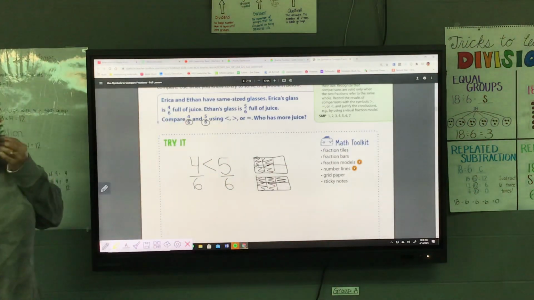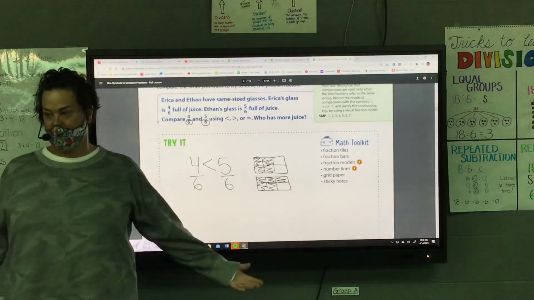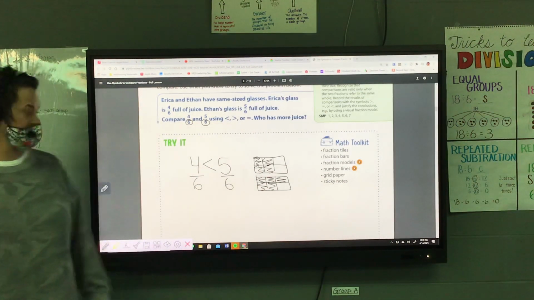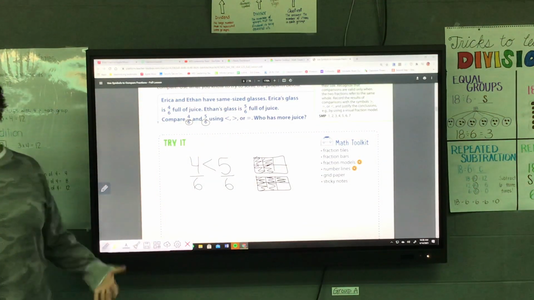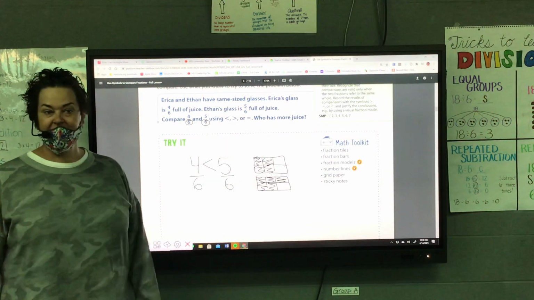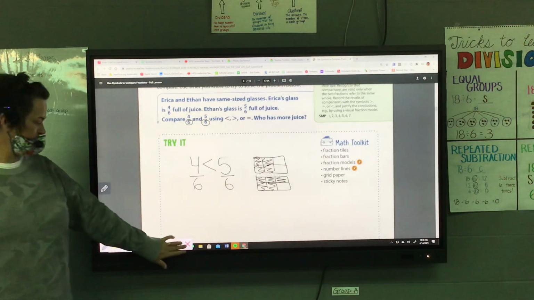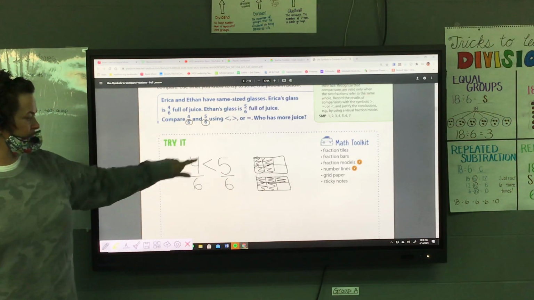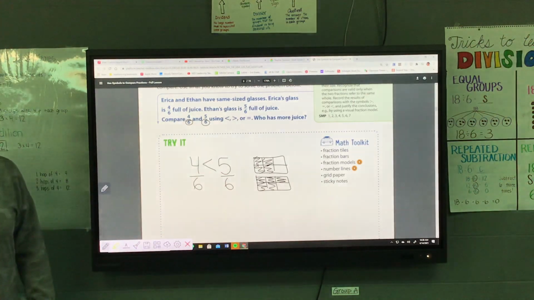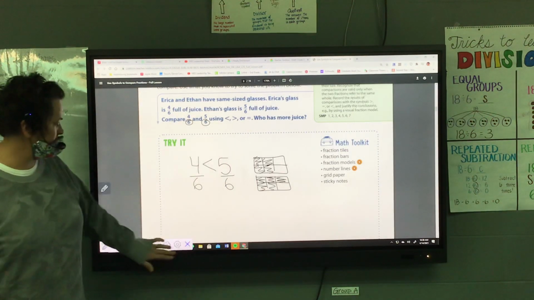Does that show me the same thing? 4/6 is less than 5/6? Yeah, but when they have the same denominator, all I have to look at is the numerator. So this symbol going this way means what? Less than. Okay.